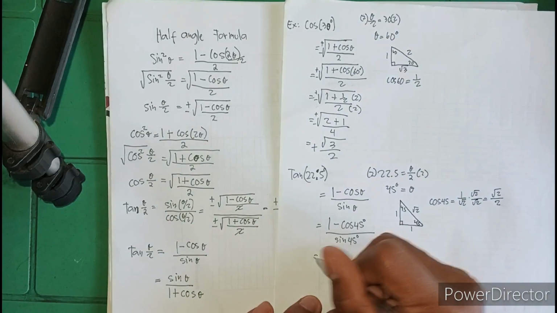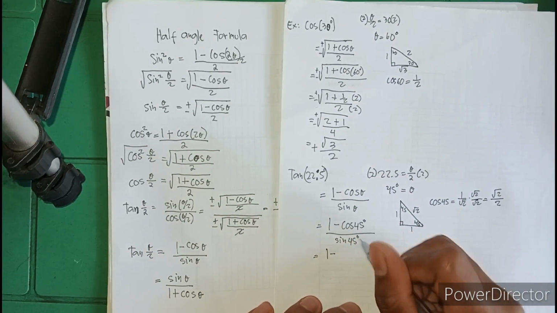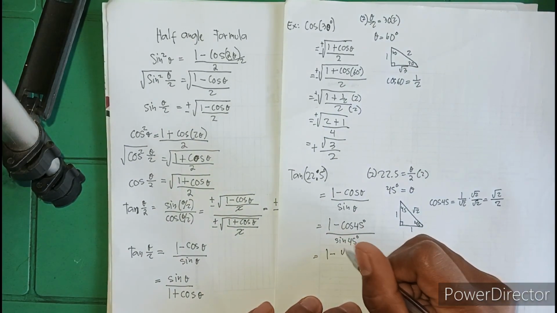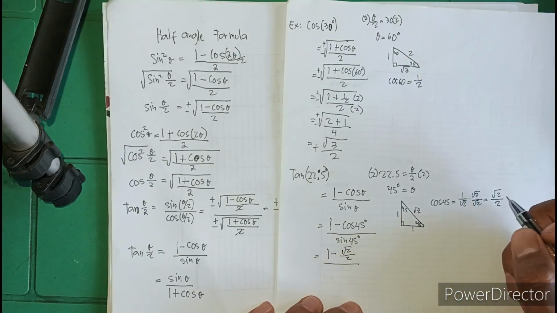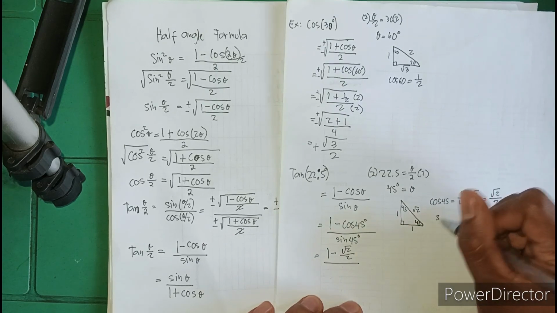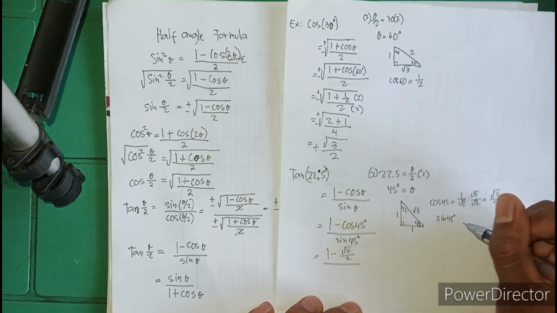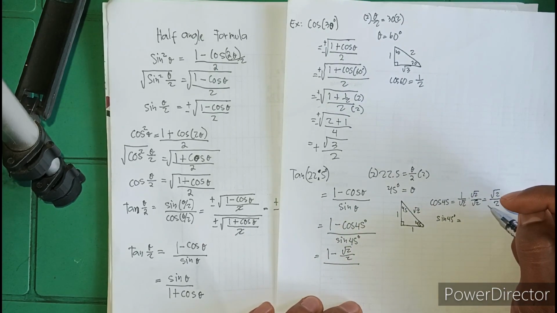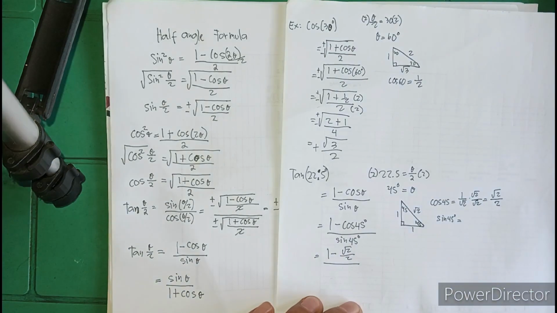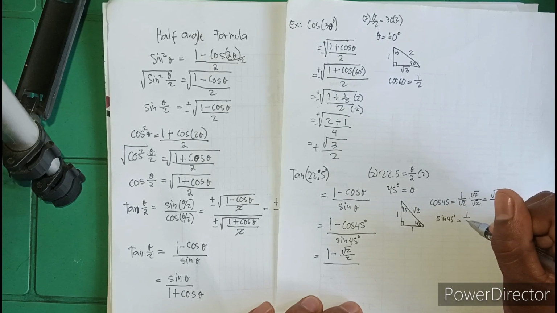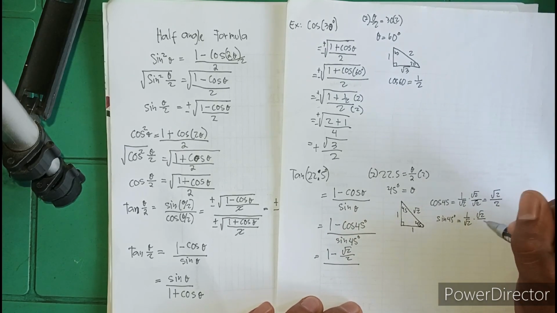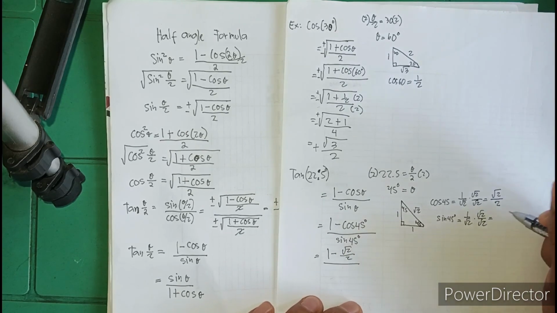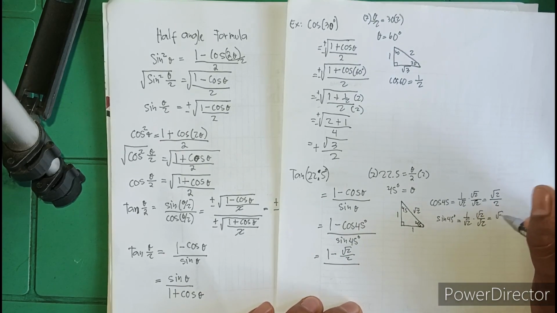So our cosine is equal to the square root of 2 over 2, and sine 45 is the opposite over the hypotenuse, so sine is 1 over square root of 2. Multiplied also by square root of 2, we'll get the same answer of square root of 2 over 2.